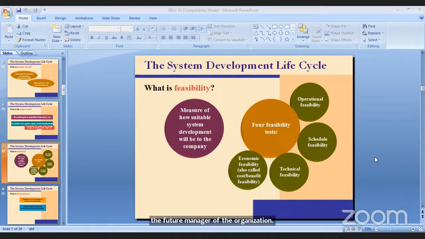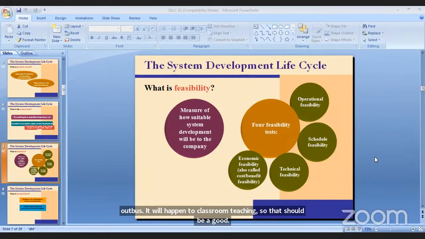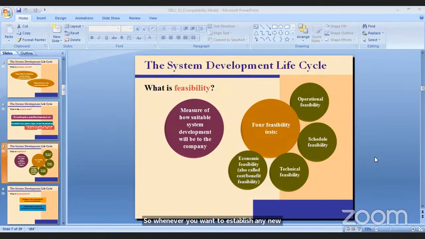Suppose, let's say, you have a school, and the school is near someone's residence. If those people get into a quarrel and speak in loud voices, it will affect the classroom teaching. So that should be avoided. Whenever you want to establish any new system, that system should be free from all types of external disturbances, and it should not disturb other existing setups.